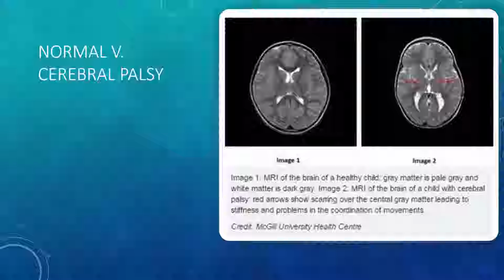But if you look to the right, this is a child that had a deep brain infarct, actually. So there was a loss of blood flow to specific deep parts of the brain. And so that child has scarring on its gray matter, which means that it causes problems with motor movement.